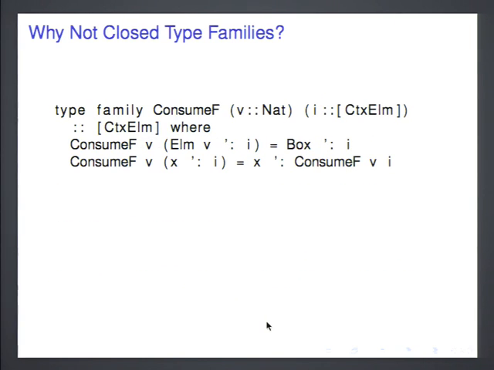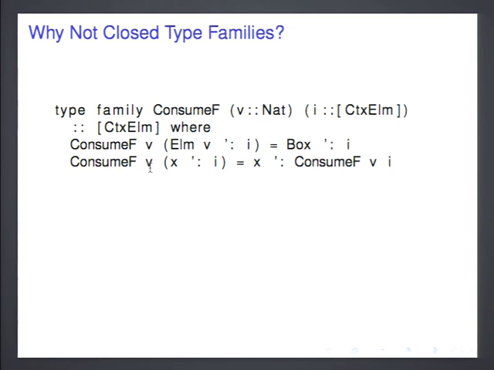So why can't I use closed type families for this? Because I wanted to use closed type families for this, and it doesn't work. And so if I were going to use closed type families, I would want to merge the eq and the consume into one closed type family that looks like this, saying, oh, well, if you're trying to consume a V and you have a V, then great, you're done.